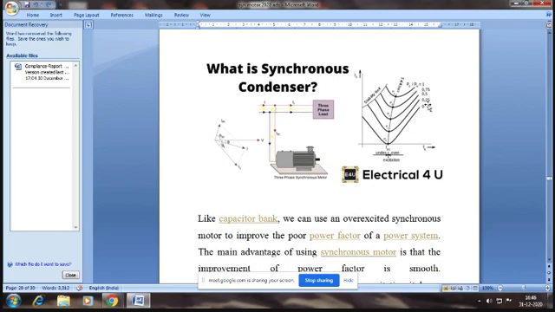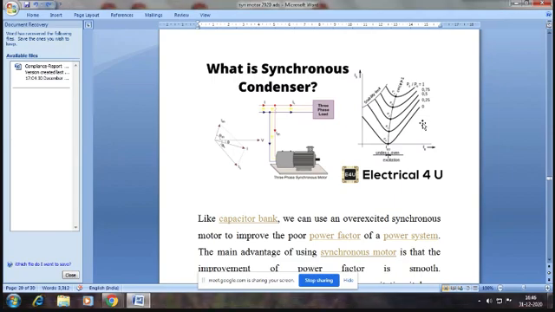What is the name of this characteristic? V curve, sir. Yes, V curve. Towards the right is over excitation.